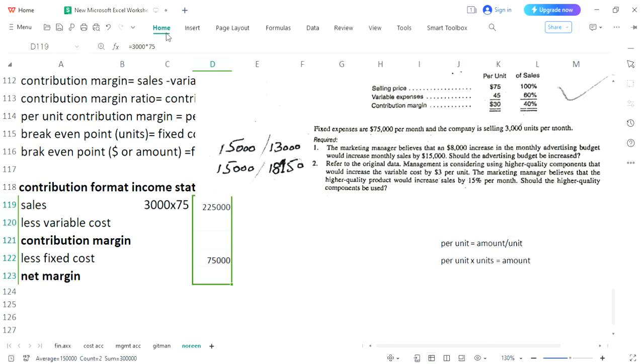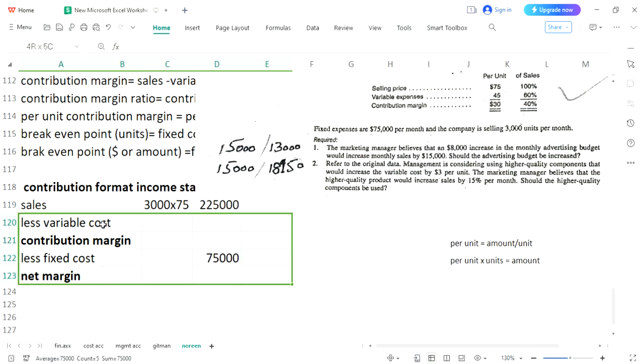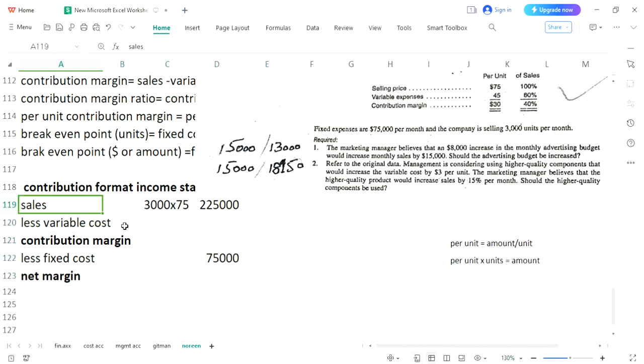It's time to see what else is given in our question. Variable cost. The next requirement of this statement is to calculate your variable cost. Again, come over here, variable expenses 45 per unit is given. We will apply the same formula, units will be multiplied by per unit. So how many units?